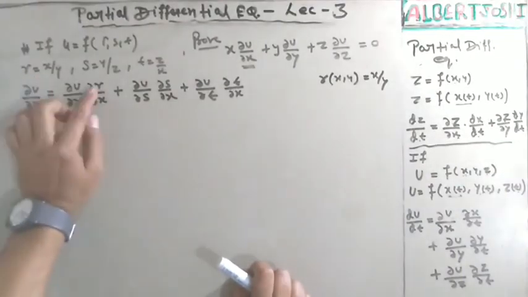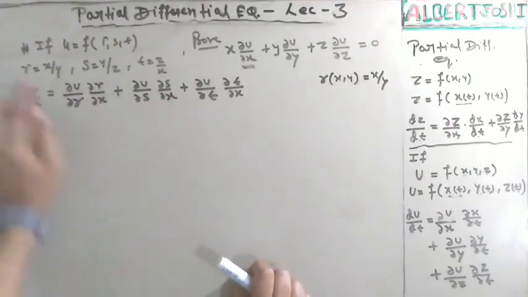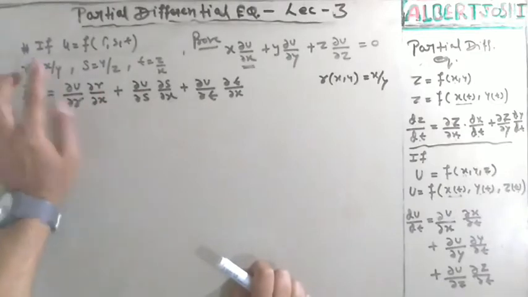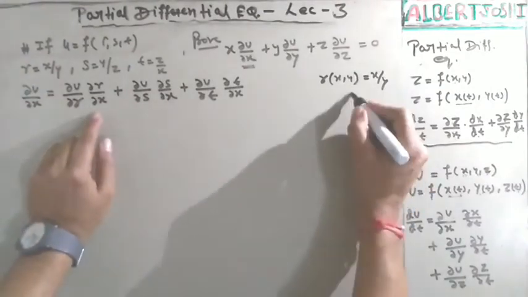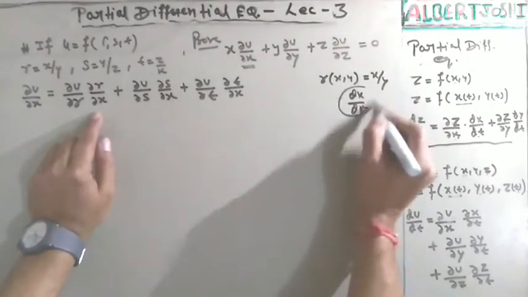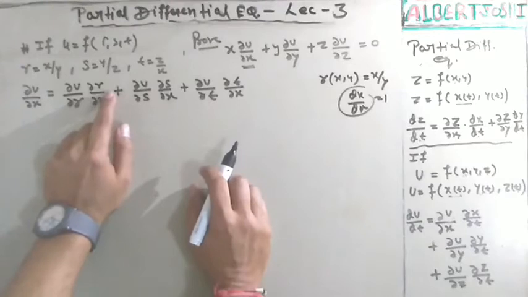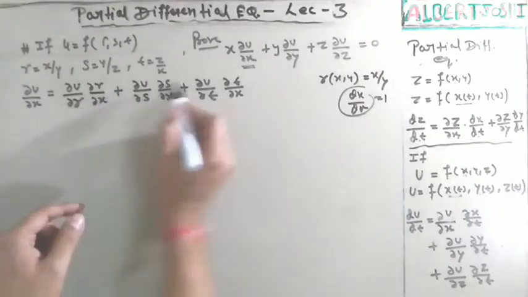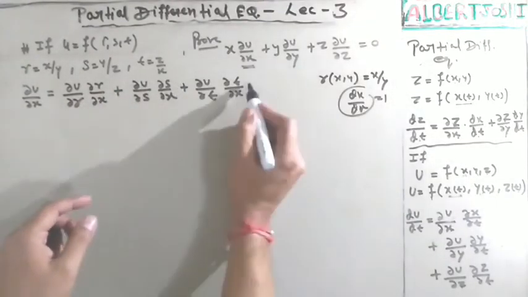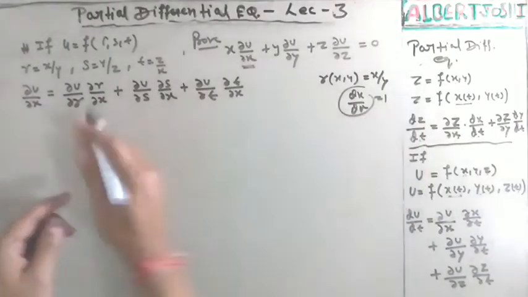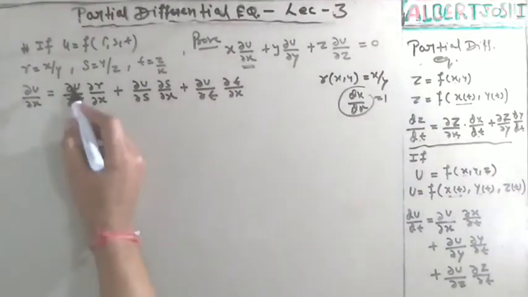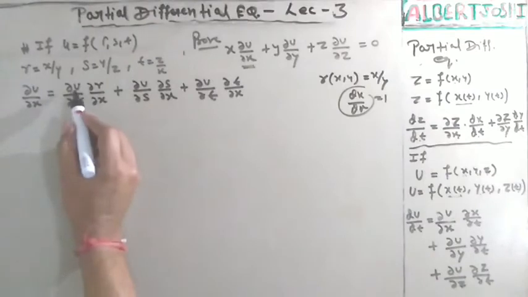We differentiate r with respect to x, and you can see that in x there is no other variable. So dx upon dx is actually 1, so I will not write it here. Actually here also you would write dx upon dx, but it is 1. I am not writing it. Now I will solve it.